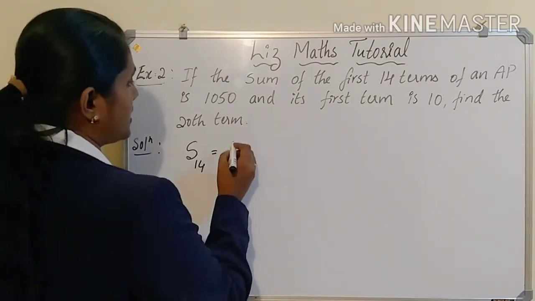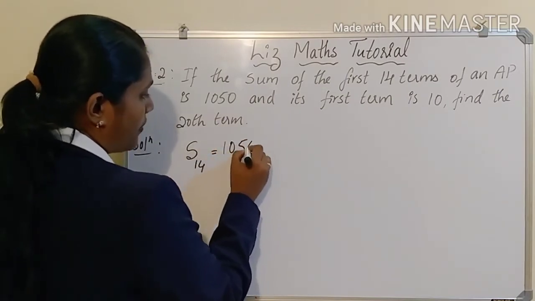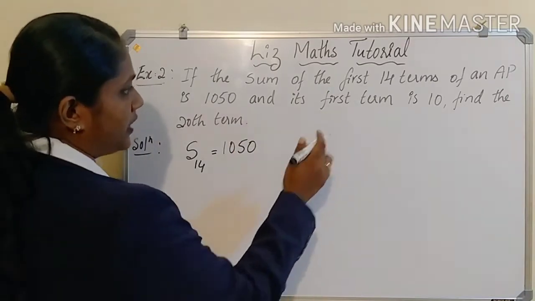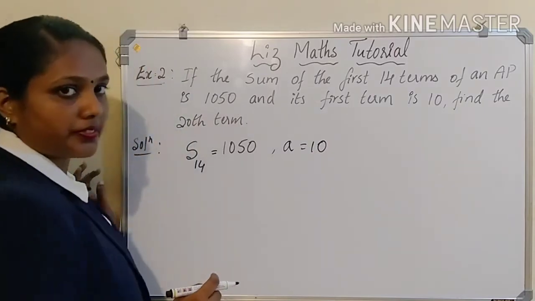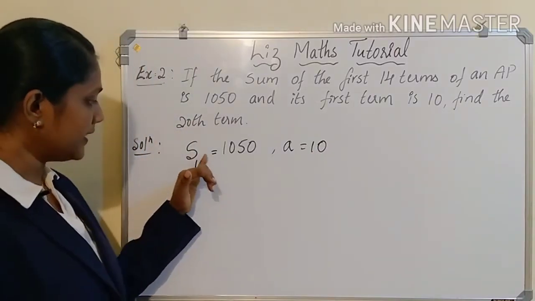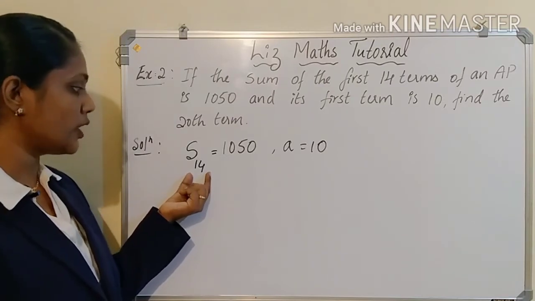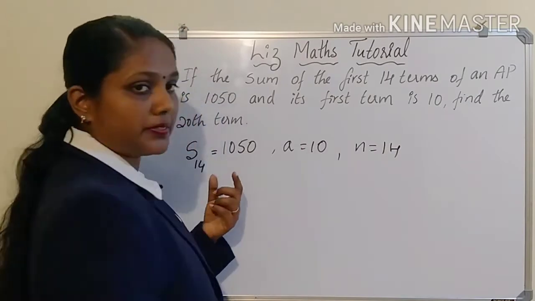The sum of 14 terms is given as 1050. Got it? 1050. And the first term is given, A is equal to 10. See here, 14 terms means that is n. I hope you understood. The n is equal to 14 here.